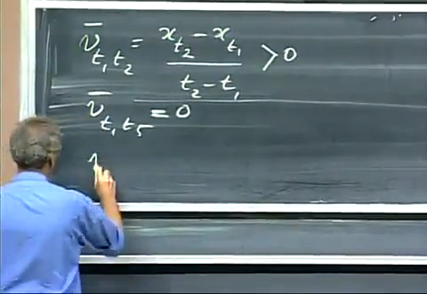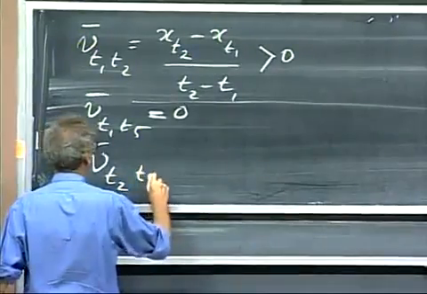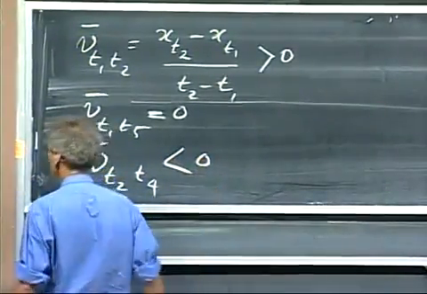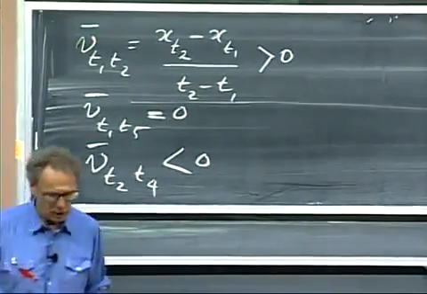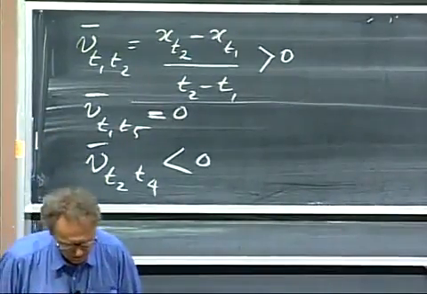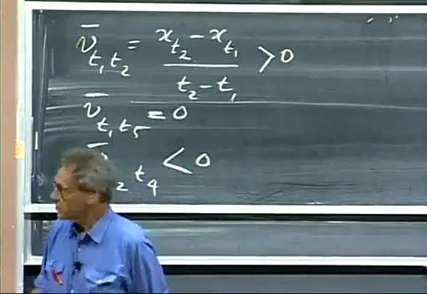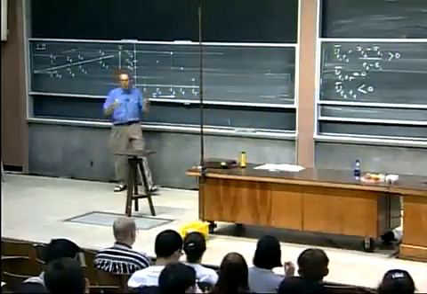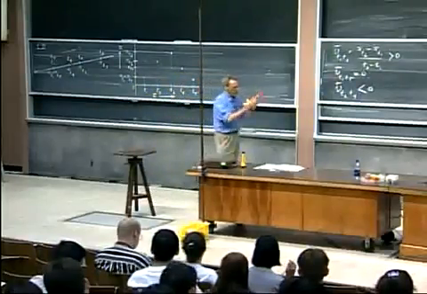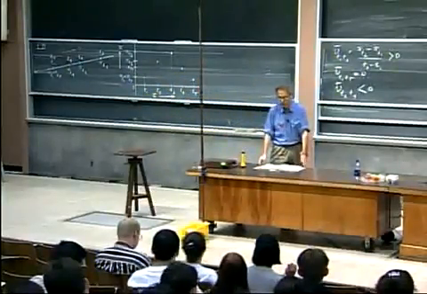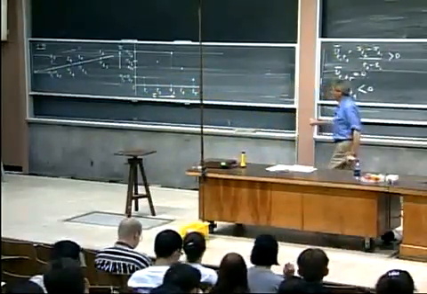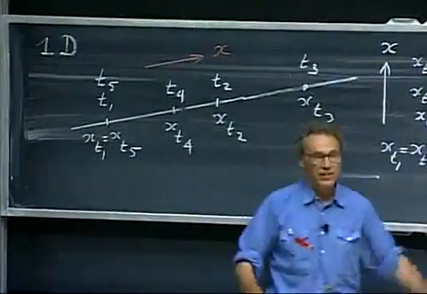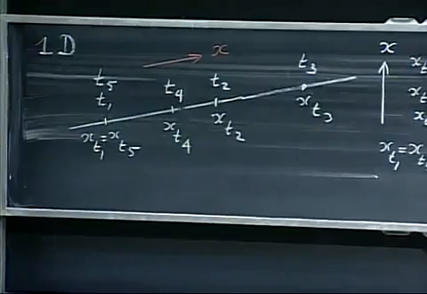If I had chosen t4 and t2, average velocity between time t2 and t4, you would have seen that that is negative because the upstairs is negative. Notice that I haven't told you where I choose my 0 on my x-axis. It's completely unimportant for the average velocity. It makes no difference. However, if I had chosen this to be the direction of increasing x, then, of course, the signs would flip.